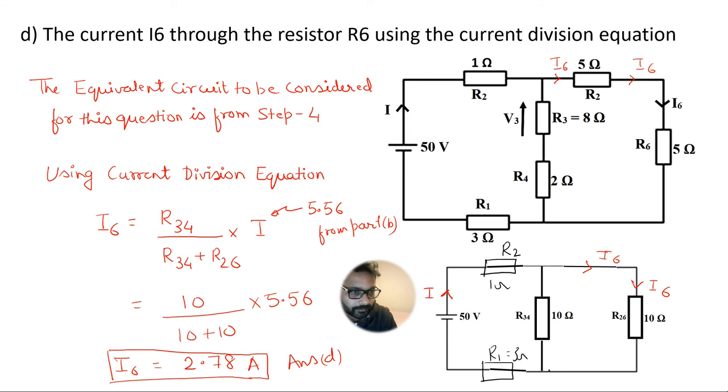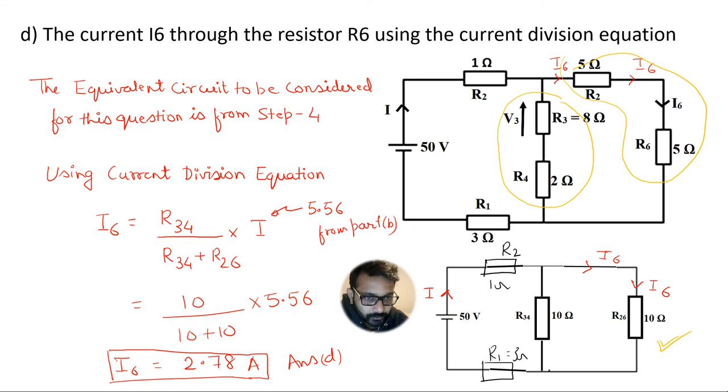So basically I have reduced the two resistances here, right, previously. And I need this type of figure for using the current division rule.